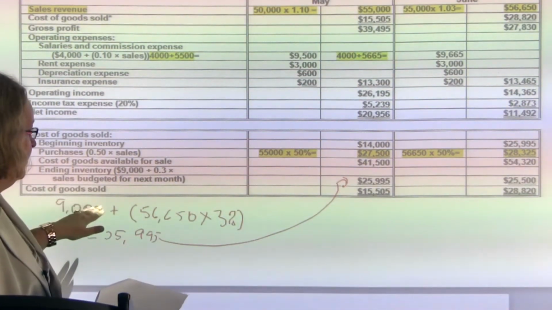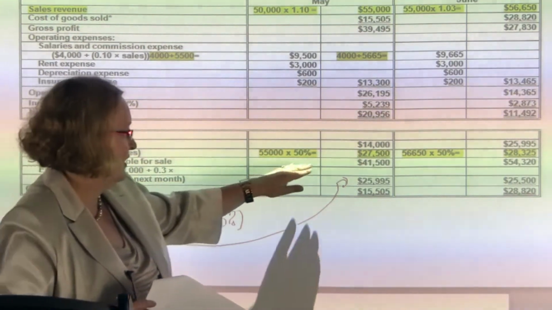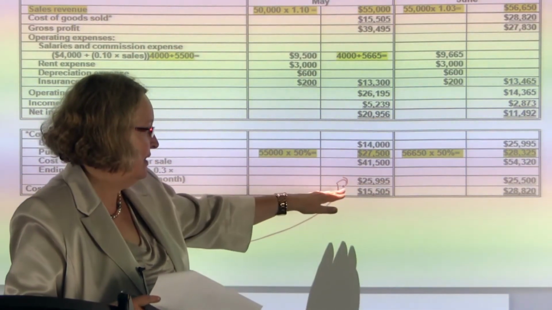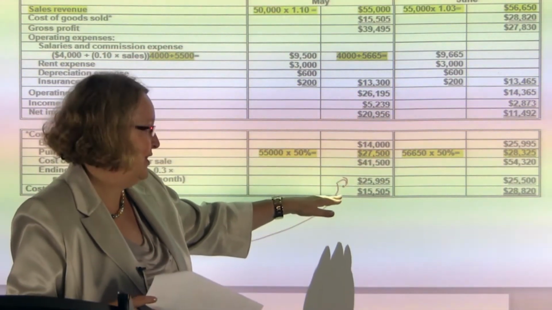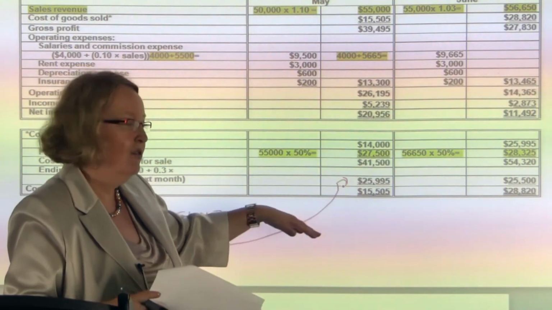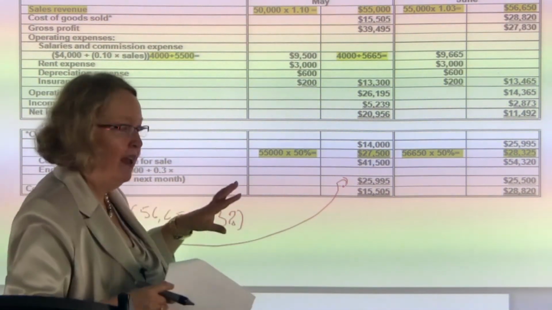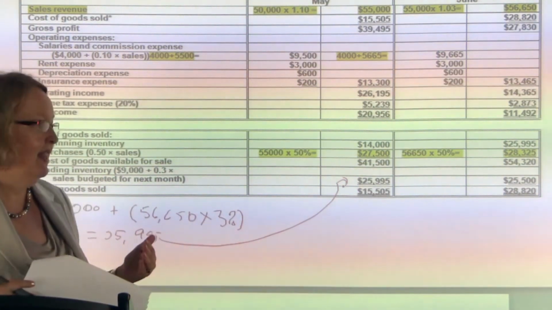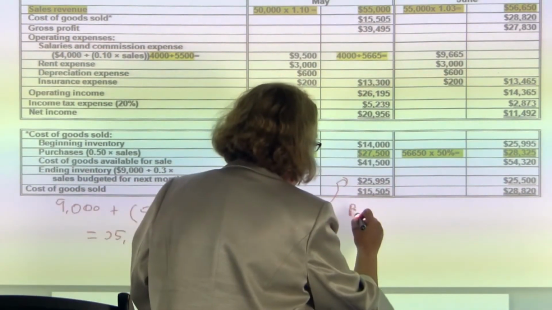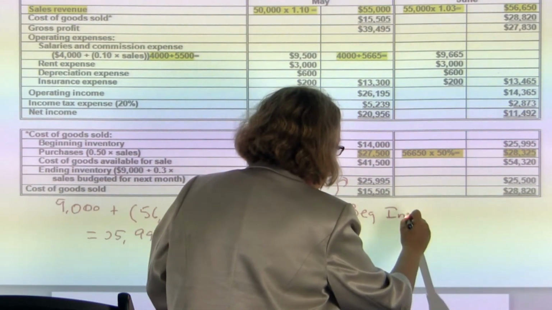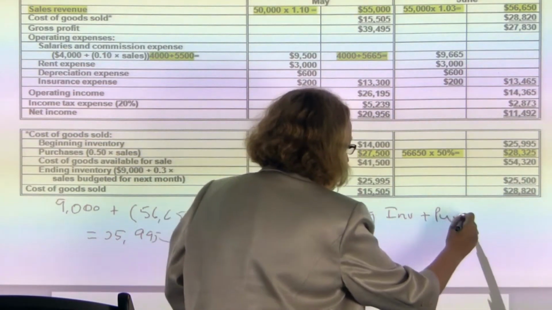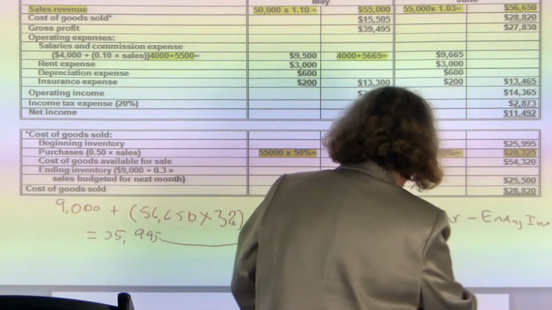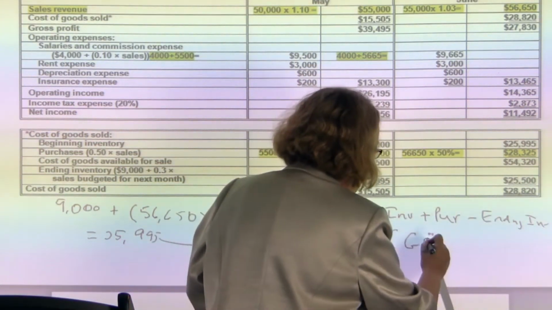So your cost of goods sold is your goods available for sale less what you had in ending inventory. So the difference is what you must have sold, 15,505. So that's how you determine how much you sold. You figure out how much you had at the beginning, how much you purchased, then subtract your ending. So it's beginning inventory plus your purchases during the period less your ending inventory, and that's equal to your cost of goods sold.